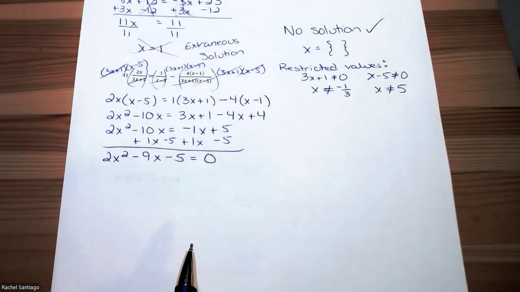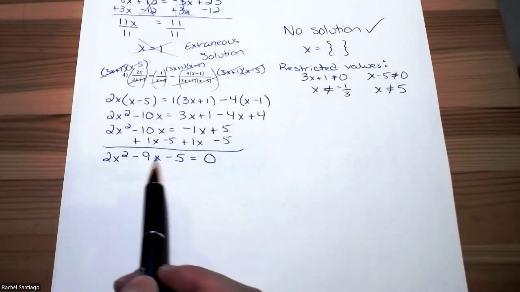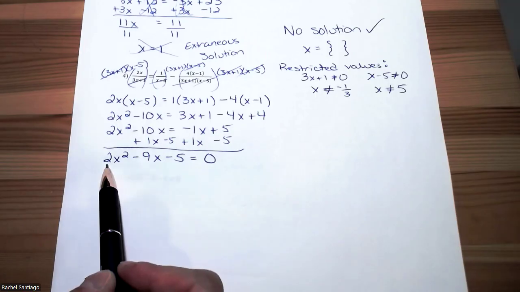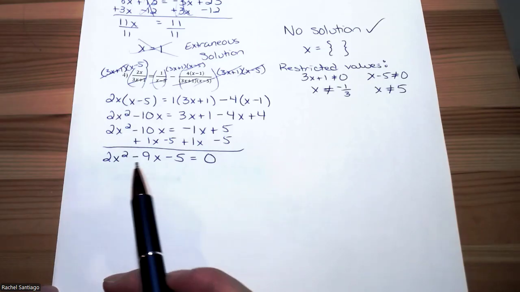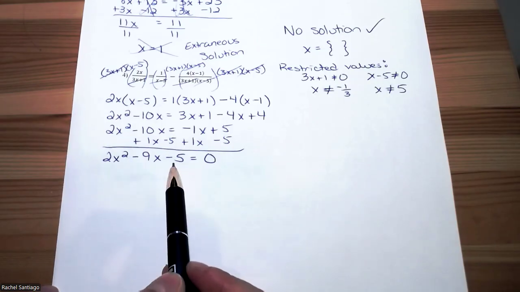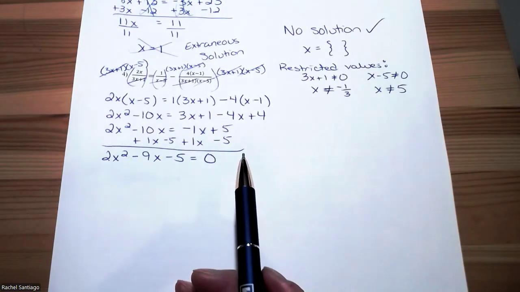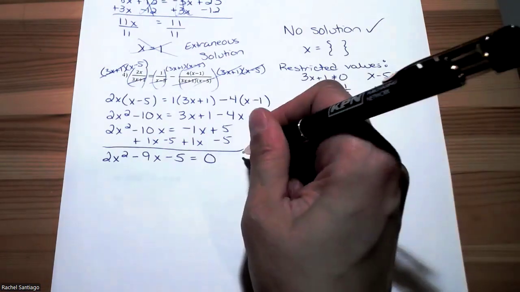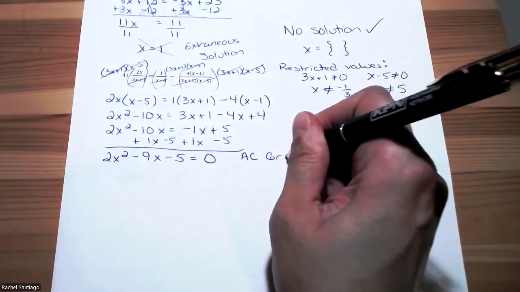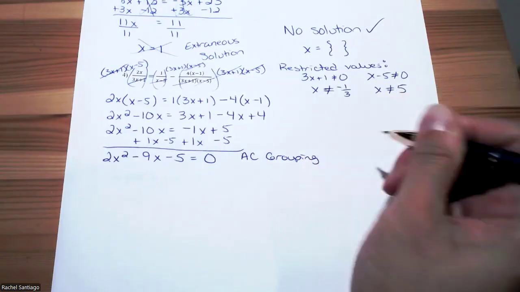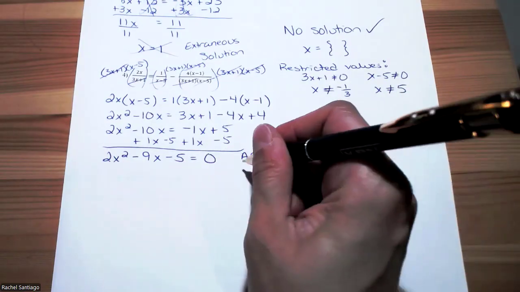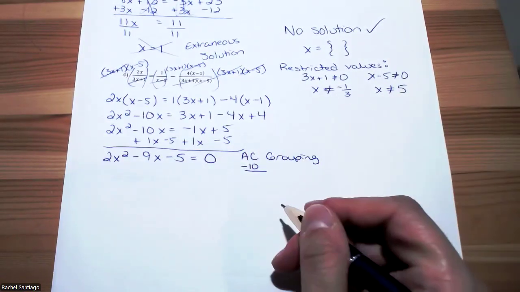At this point, we could attempt to use AC grouping on this because I have a trinomial. My leading coefficient is bigger than 1. And then what I'm doing in my mind is I'm saying, well, A times C is a negative 10. And do I have factors of negative 10 that give me negative 9? And my answer is yes, right? We can prove that. So I don't mind writing out here the technique we're using, which is AC grouping. So 2 times negative 5 is negative 10.